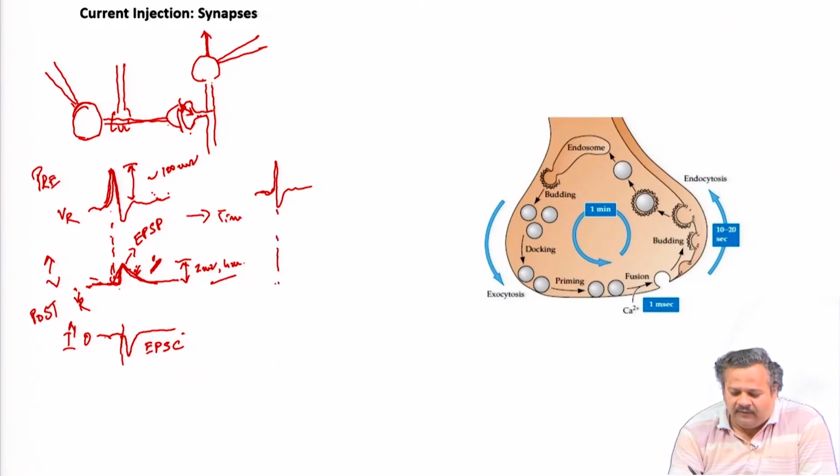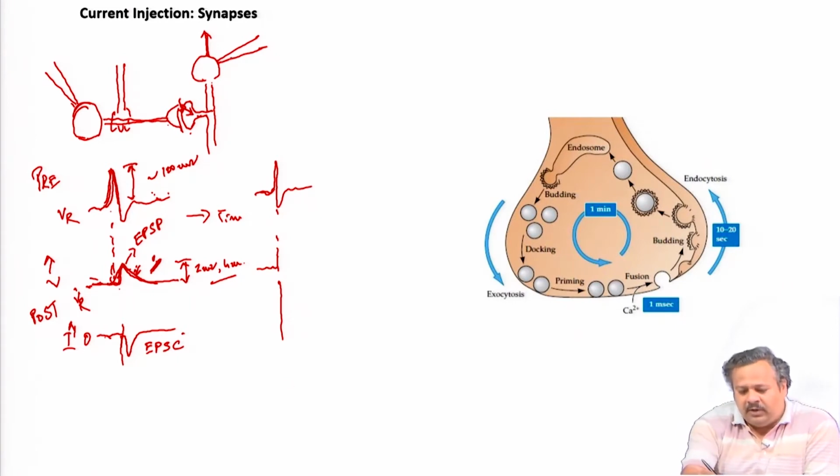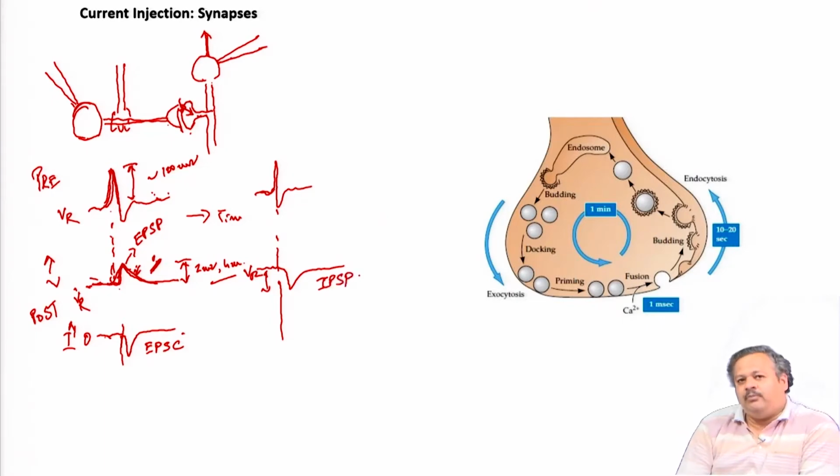If we align that and measure the postsynaptic potential through the patch recordings, then we will see a decrease in the membrane potential. This is again a few millivolts. This is at V rest of the postsynaptic neuron, and this is what we will call the IPSP, or inhibitory postsynaptic potential.